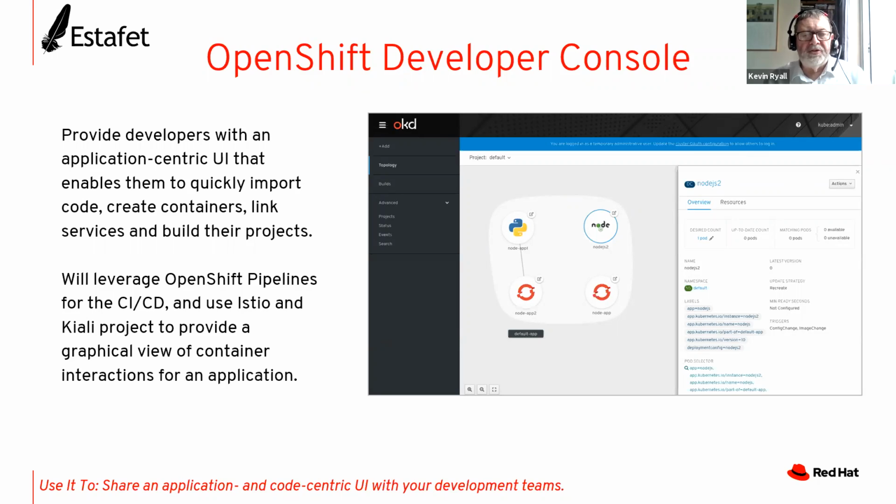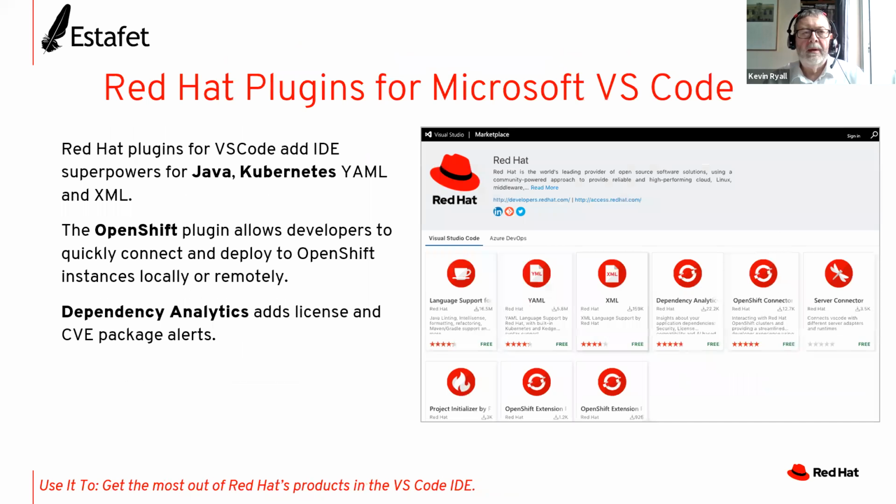The OpenShift Developer Console is something provided for developers, as the name hints. So it gives you a developer-centric UI that lets you visualize your OpenShift projects and your containers. And it's been designed to make life a bit easier for developers. And there are also plugins for Microsoft, if you're into that sort of stuff.